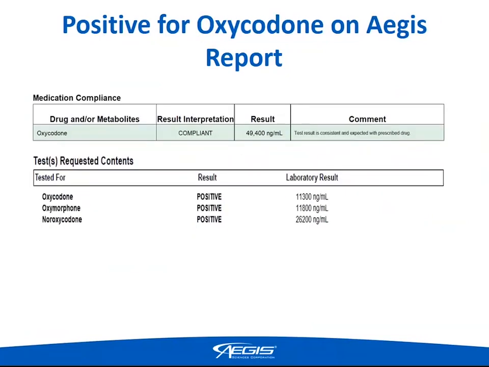This slide demonstrates a urine positive result for prescribed oxycodone. In this sample, you see the presence of parent oxycodone and the metabolites noroxycodone and oxymorphone. And oxymorphone is also a prescription drug.